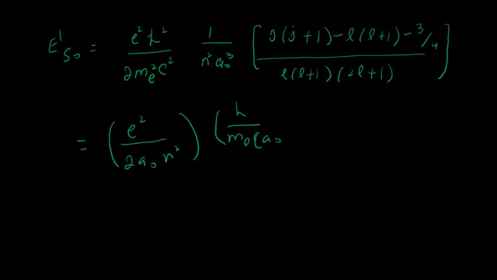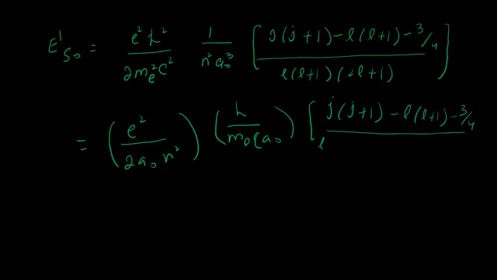Okay, so again we have this term along with it, [j(j+1) − l(l+1) − 3/4] divided by l(l+1)(2l+1).